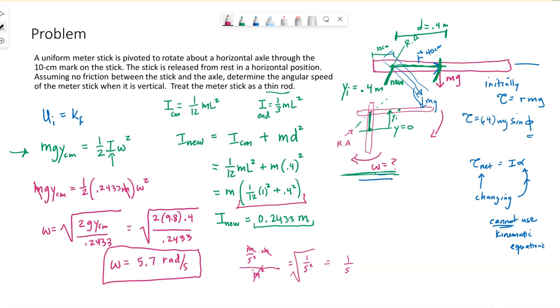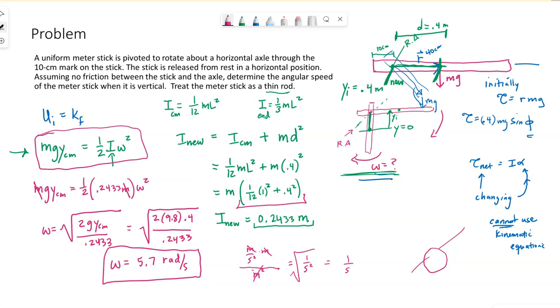And again, there's only rotational kinetic energy finally, because this meter stick is rotating around a fixed axis. You have a similar problem on the homework. That is a cylinder or disc around some sort of axis that's not through the center. The approach is similar.